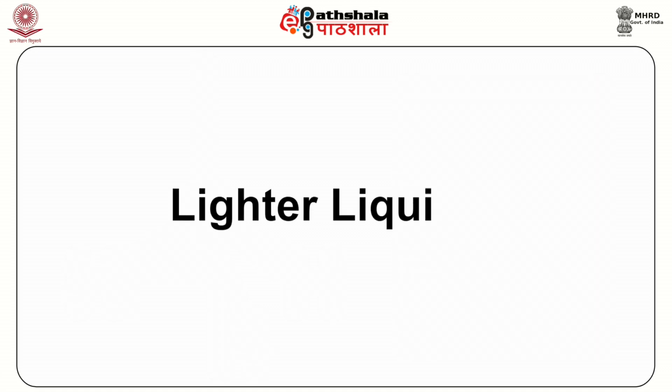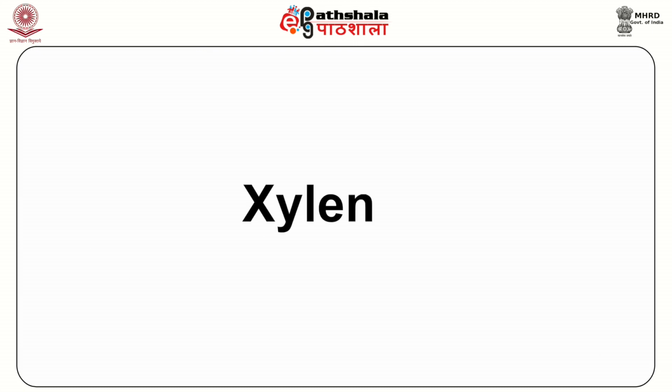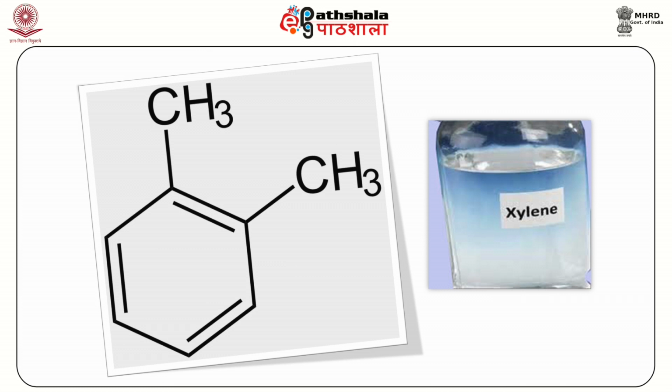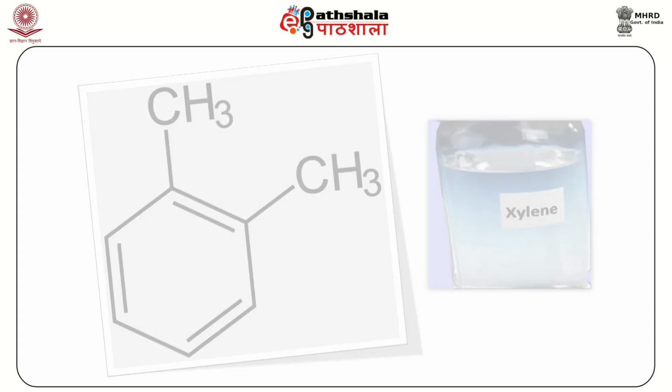Lighter liquids. Xylene, chemical symbol C8H10. Xylene or dimethylbenzene is an aromatic hydrocarbon mixture containing a benzene ring with two methyl groups at various substituted positions. It has a low density of 0.864 gram per milliliter.